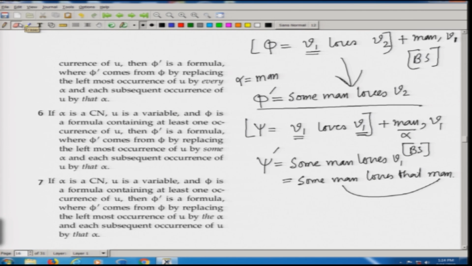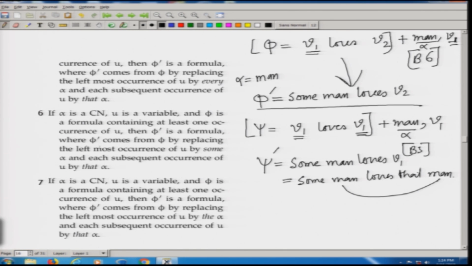Now suppose this is our phi, and now here we are going to talk about B6. Everything else remains the same. By following B6, you see alpha is a Cn, a common noun, and alpha here is man, and u a variable. What is our u? This V1, and phi is a formula containing at least one occurrence of u. It has exactly one occurrence of V1, which is our u.